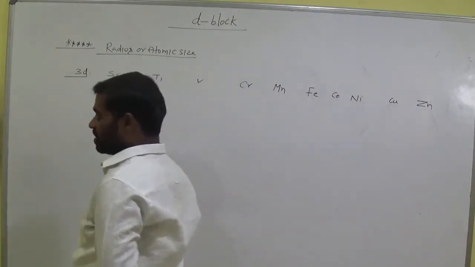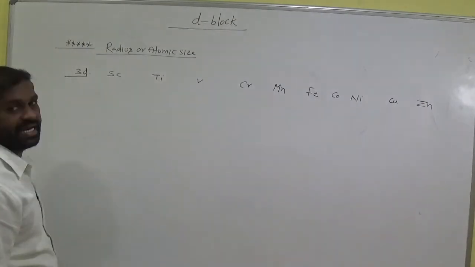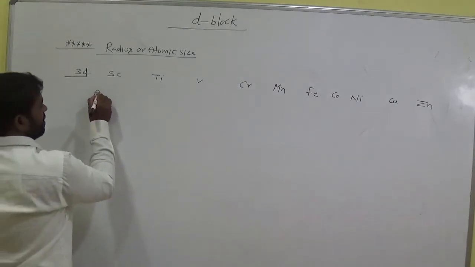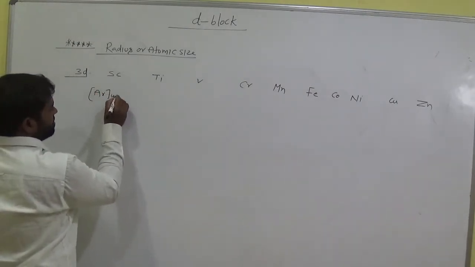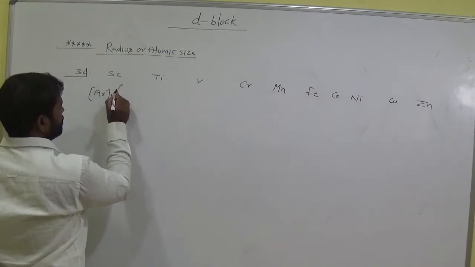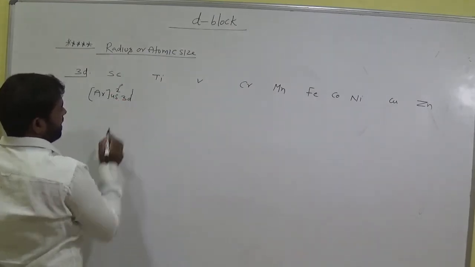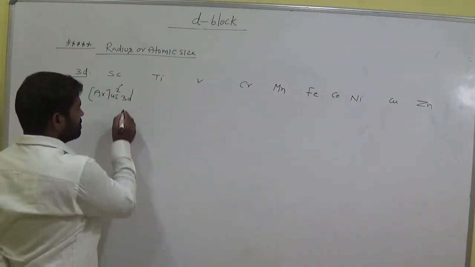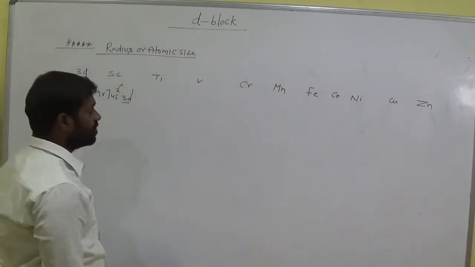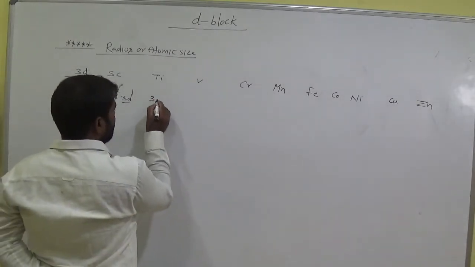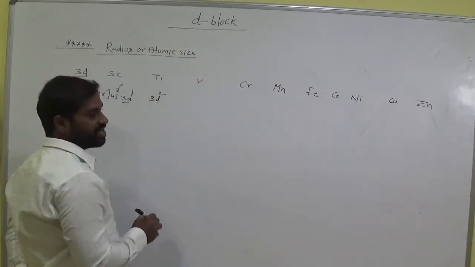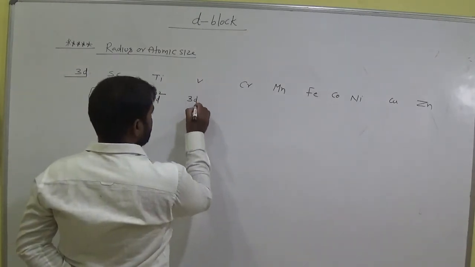What is the electronic configuration of scandium? Simply argon 4s2, 3d1. You have to observe this configuration: 3d1, then 3d2 for titanium, and 3d3 for vanadium.